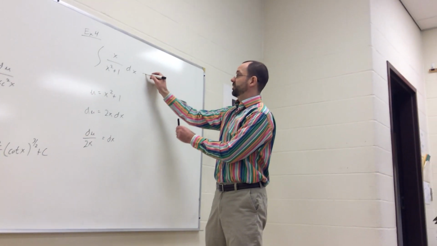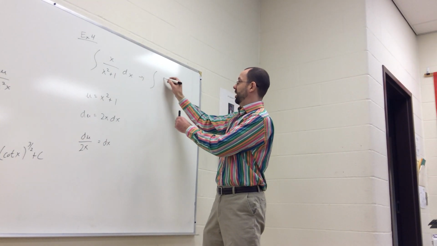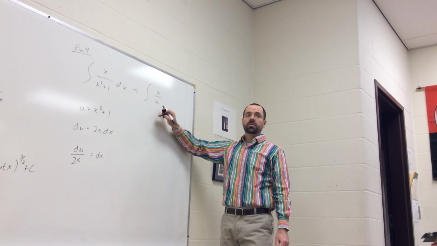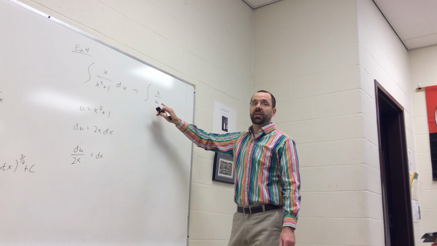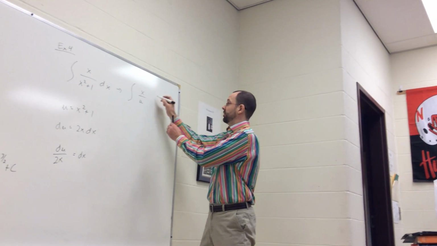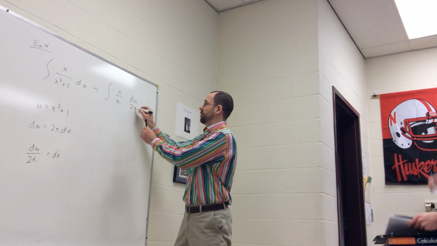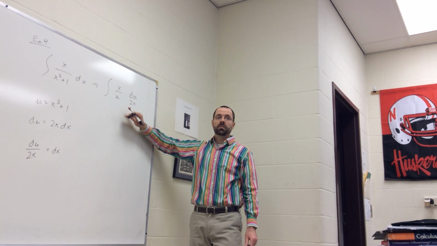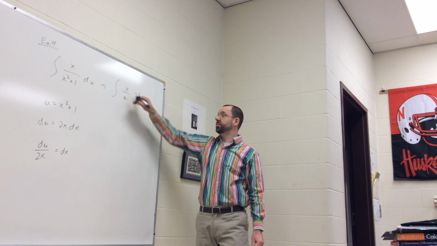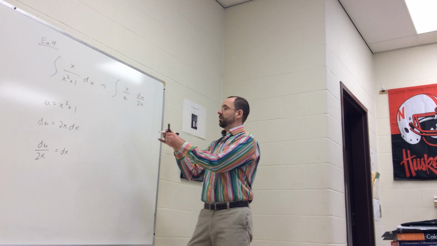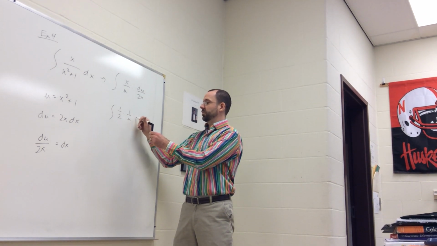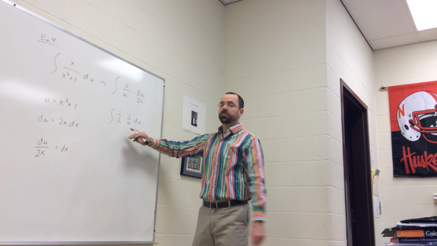Then this translates into the antiderivative of x over u, and then dx is du over 2x. So then the x's cross out. So we have the antiderivative of 1/2 times 1 over u du.